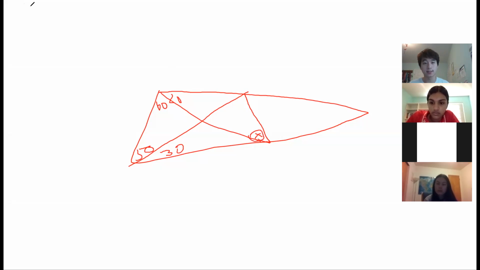Can you guys solve for x here? Hopefully this is a little more challenging than the previous problems.